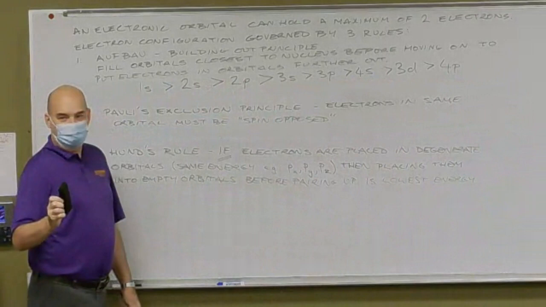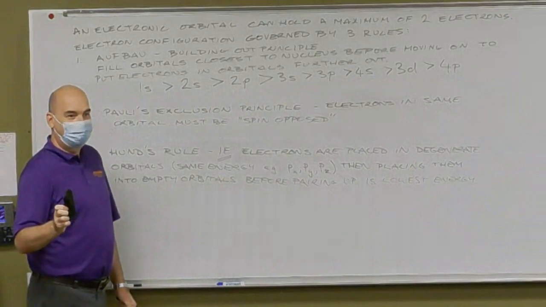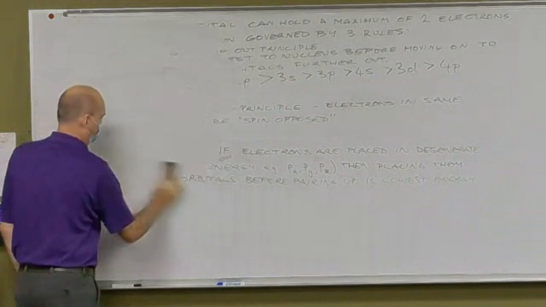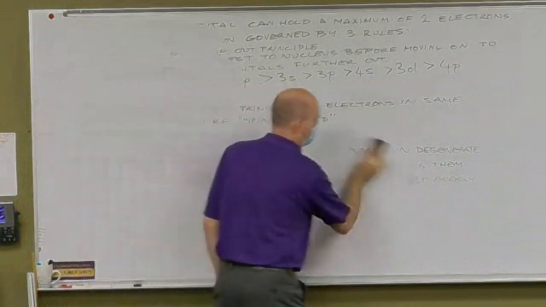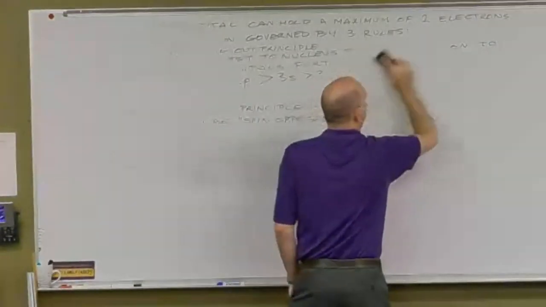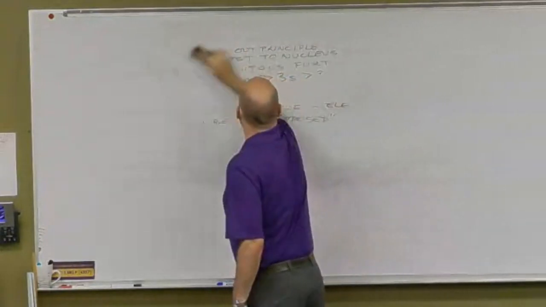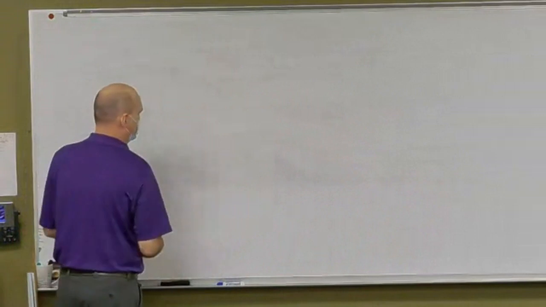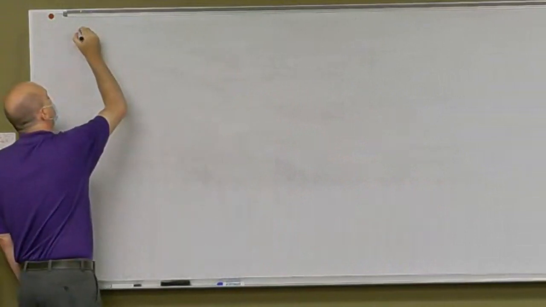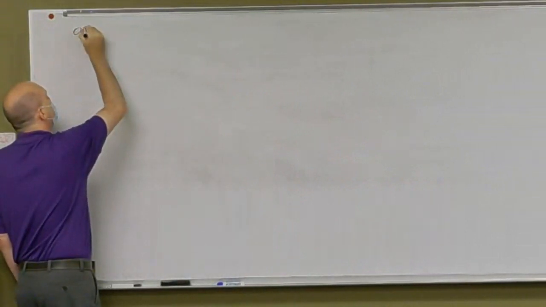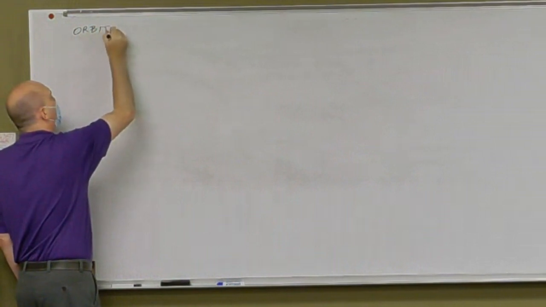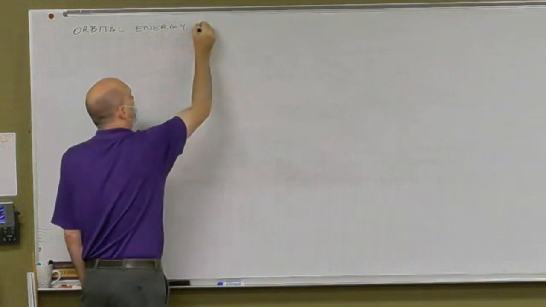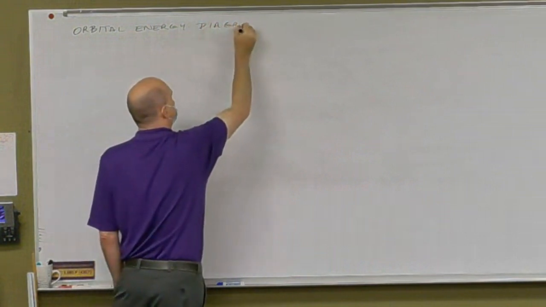Are we good? It's coming off the board. Going to draw something that are called orbital energy diagrams.